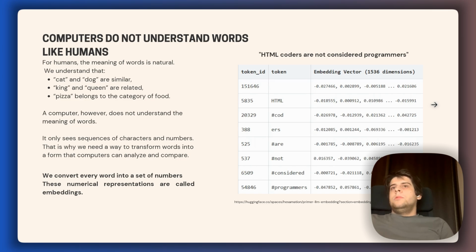Also, here you may question how some words such as coders, considered, and programmers with a hash are divided into subparts.